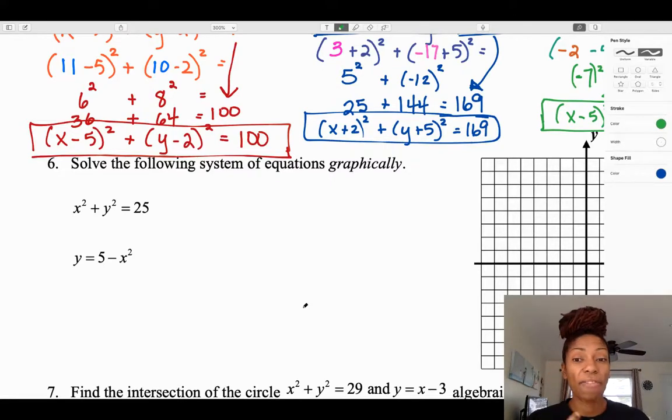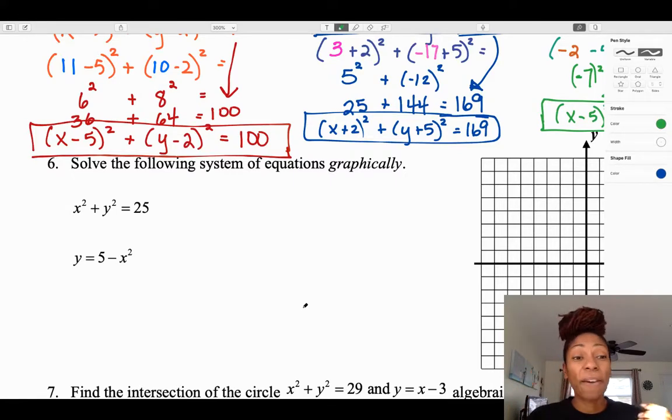Well, we graph each of the equations and we look to see where they intersect. The points or point where they intersect is the solution. That is the x and the y values that make both equations true, because they intersect at the same point. That means that point fits both equations.